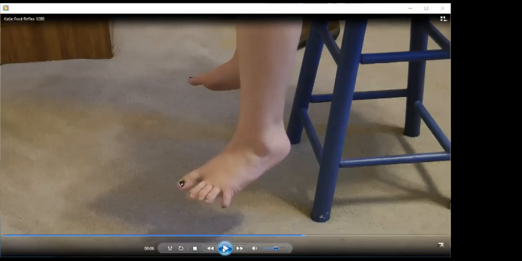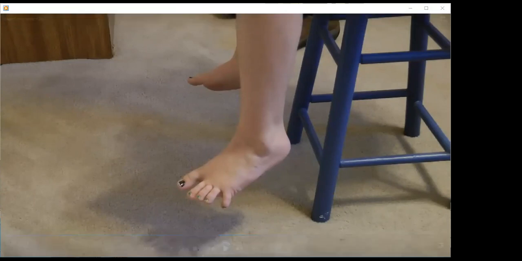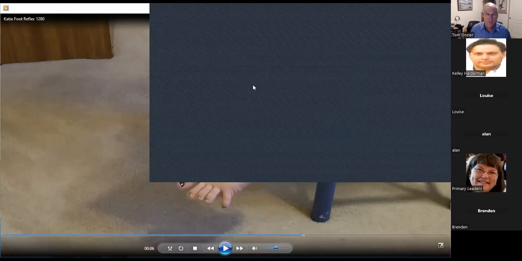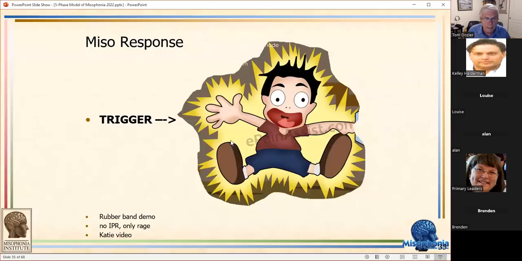Now, that's a very strong initial physical reflex. Some people have very weak initial physical reflexes, but that's an example, again, of a very strong one. Most people do not recognize their initial physical reflex.